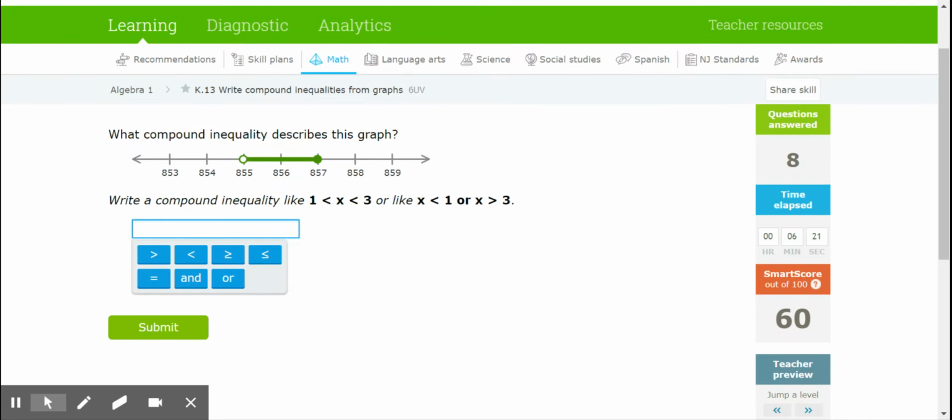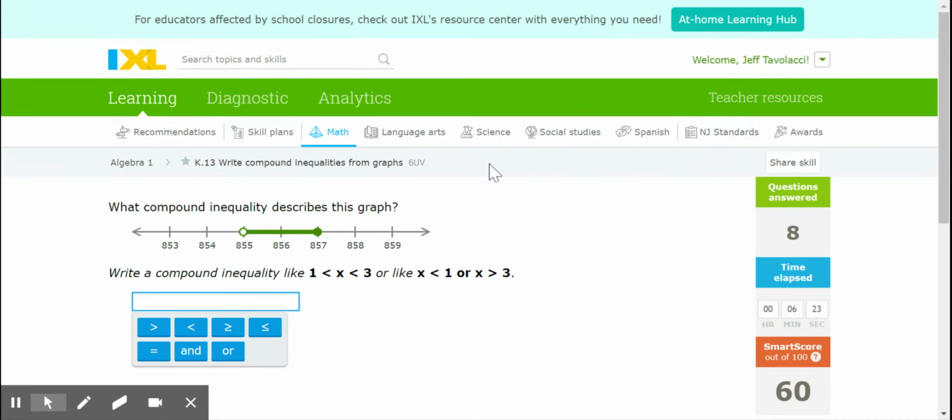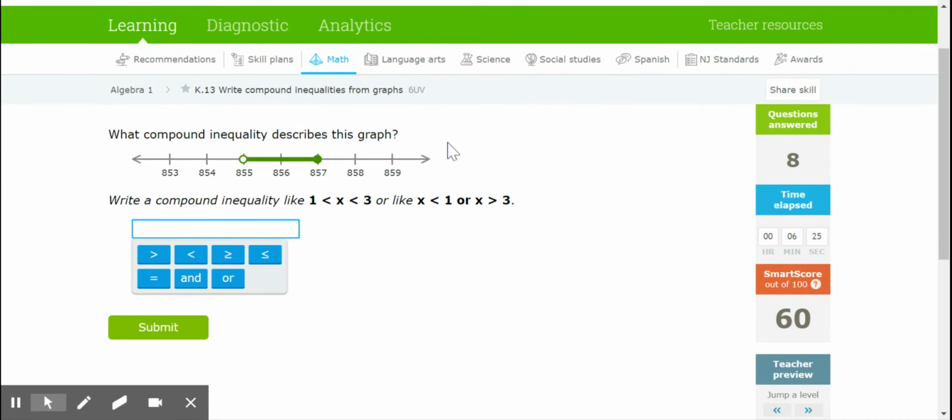All right, one more. And I think you guys will get the general idea. Here we have connected. So this is an and statement from 855 to 857, but not including 855. So since it's connected, it's an and statement. We're going to write it just like this. So from the left end over here, we'll write the 855.